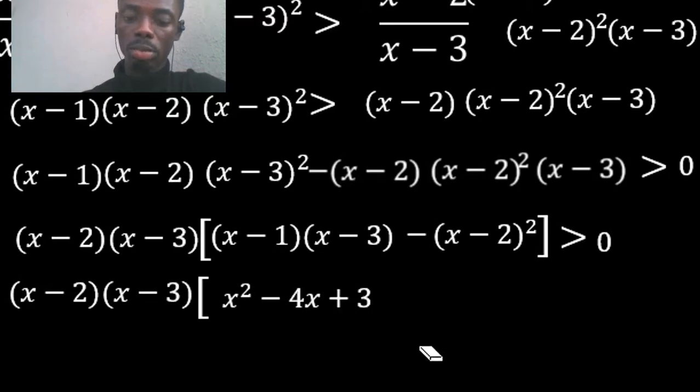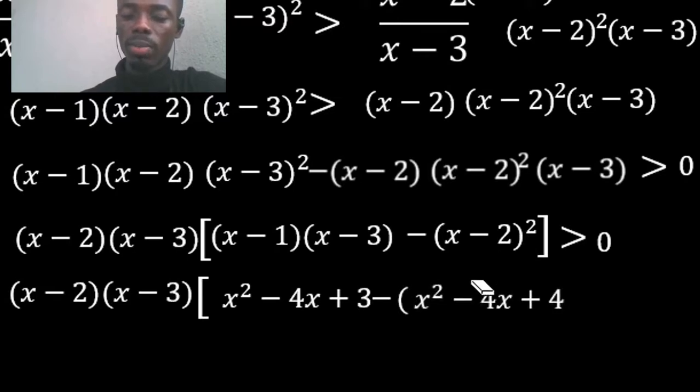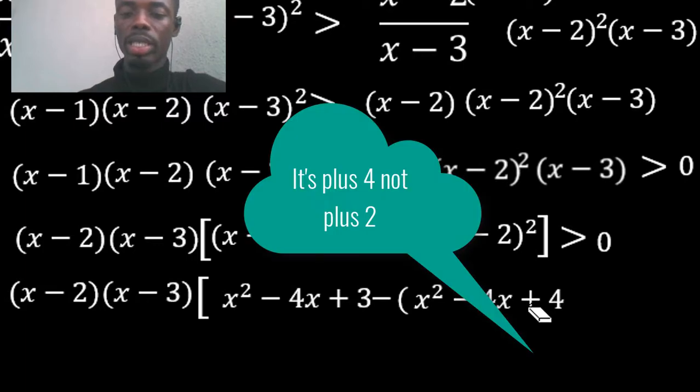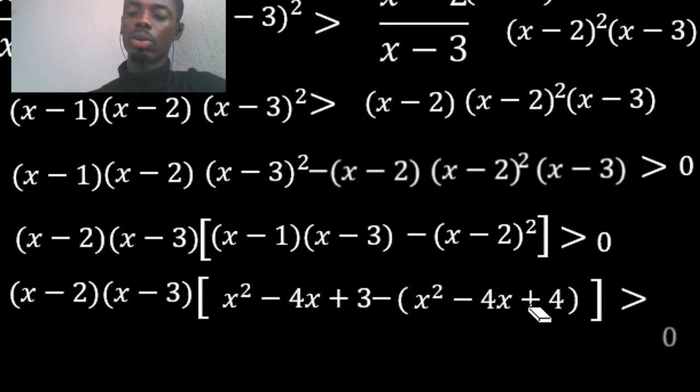Now, bringing in this minus and to expand this, x minus 2 squared. That means x minus 2 multiplied by x minus 2. What do I have? I'm having x squared minus 4x plus 4. Please close the brackets and bring in the square brackets. Is greater than 0.